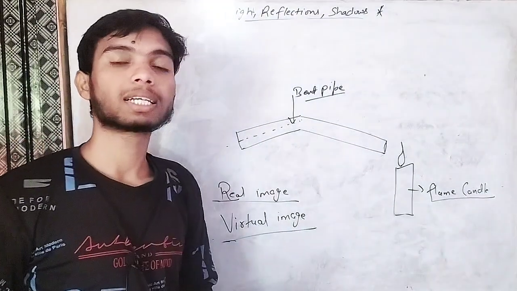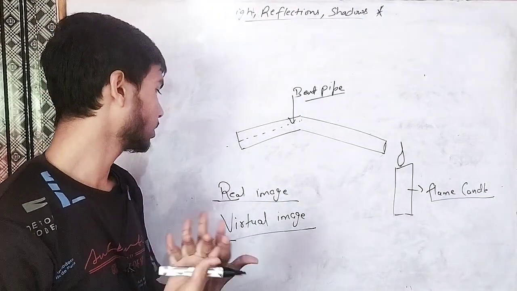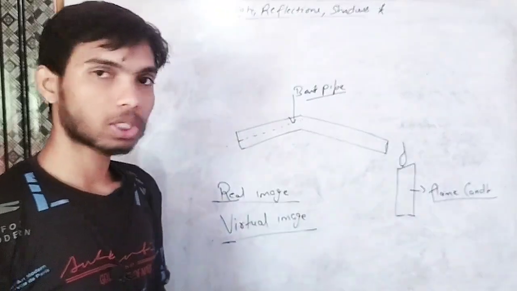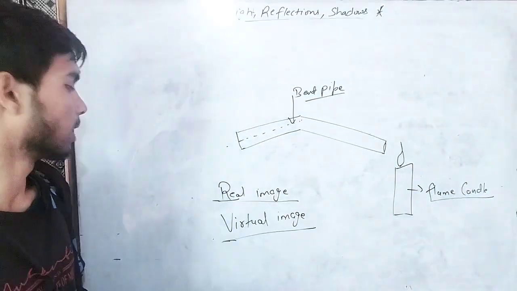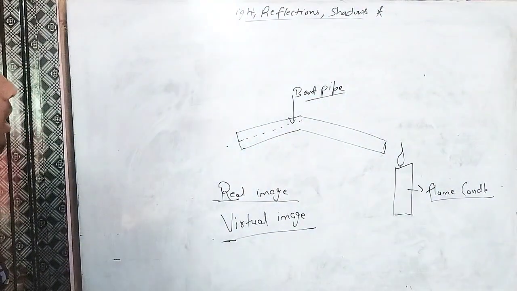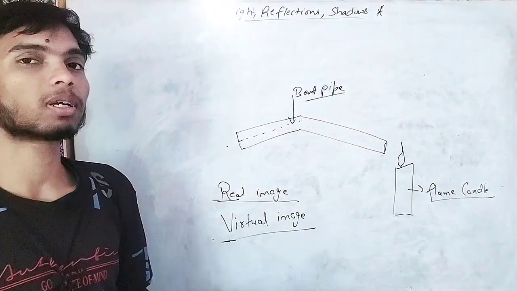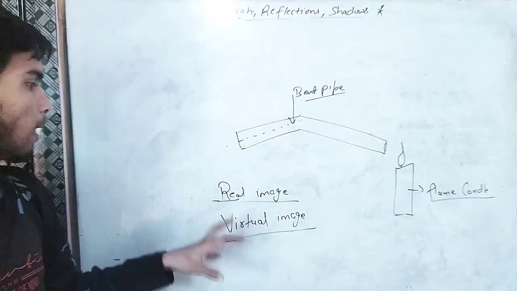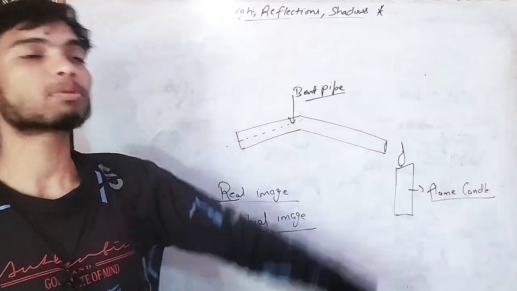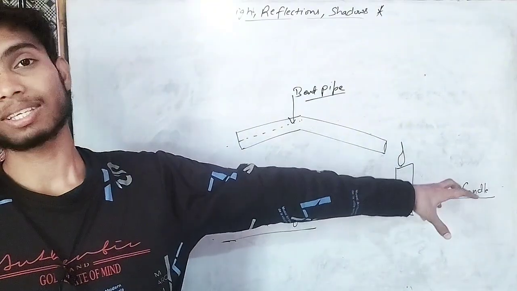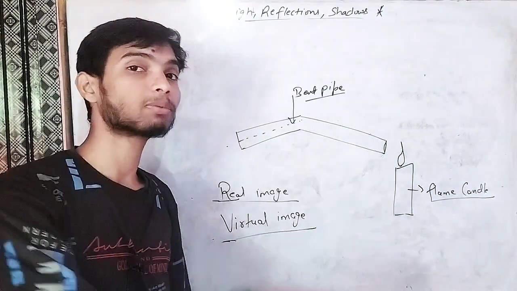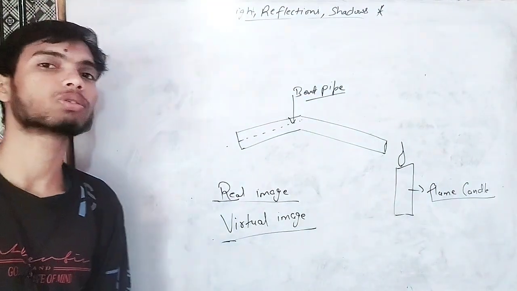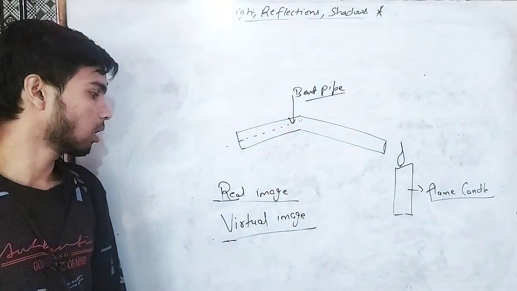If images are being projected on a screen, those images will be known as real images. So keep this in your mind: all virtual images are seen inside a mirror, but real images will be captured on a screen. That's why those images are named real images.